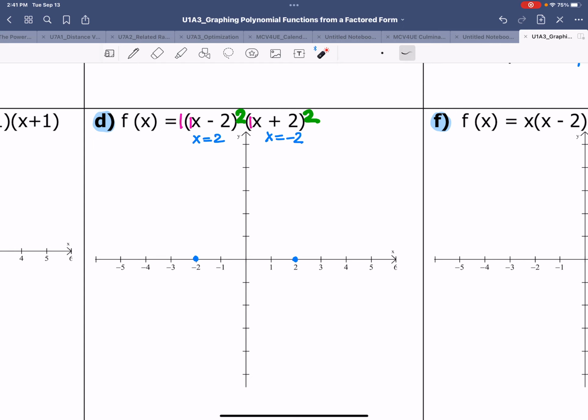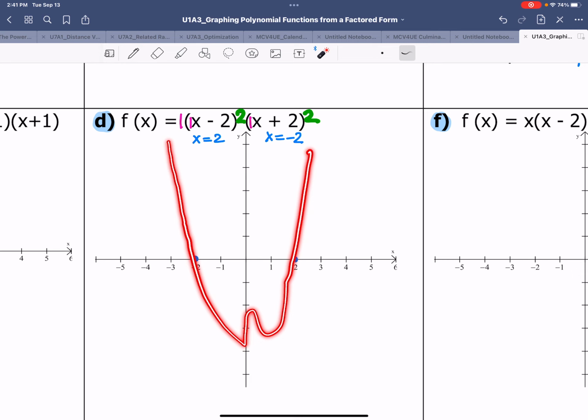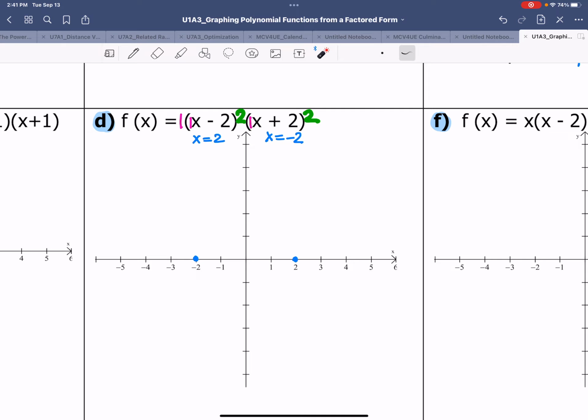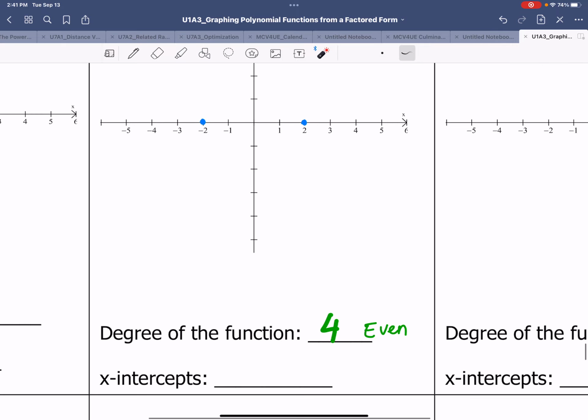We're going to say that an even degree function that behaves like a parabola with positive leading coefficient will be a graph that starts in quadrant 2 and then it's going to do whatever in here and then go up to quadrant 1 again. So the y values must point towards the same direction at the ends of the graph because it's an even degree function, right? Okay, so the x-intercepts, as we mentioned, are at 2 and at negative 2.